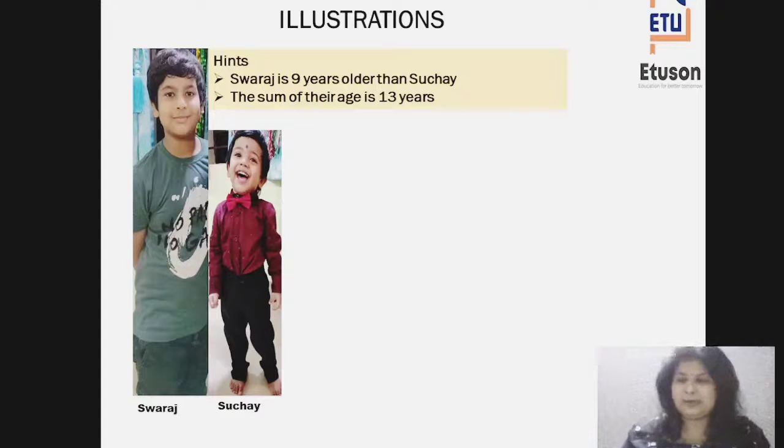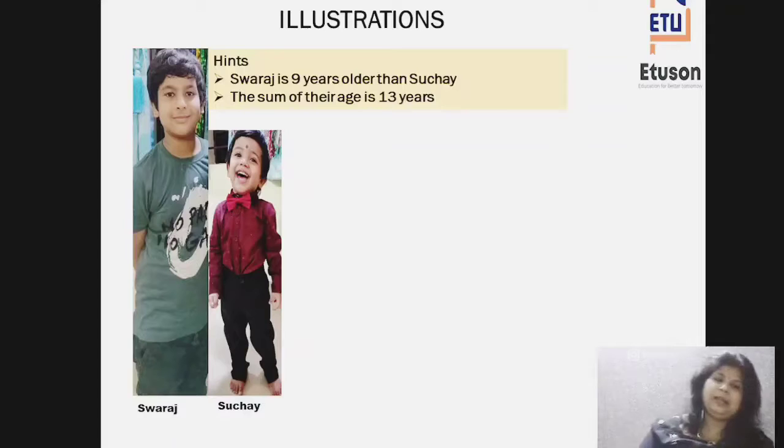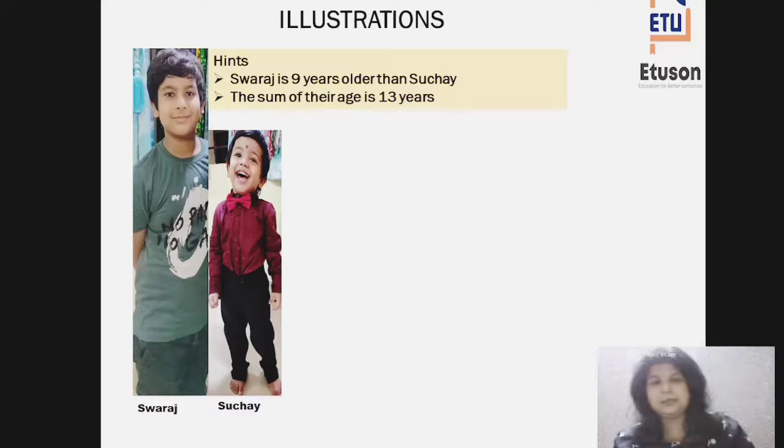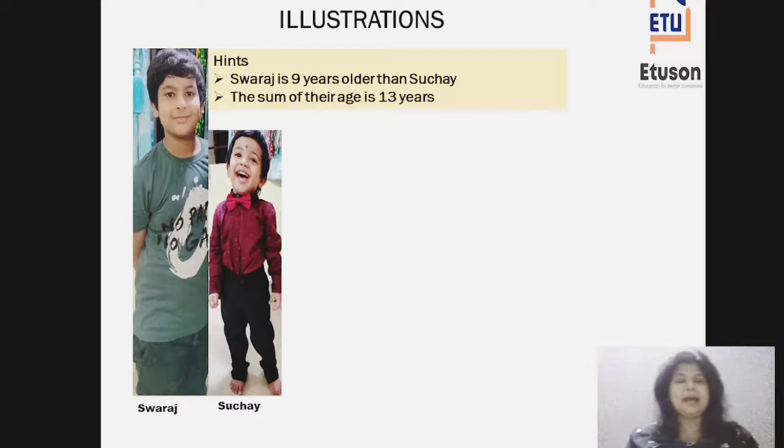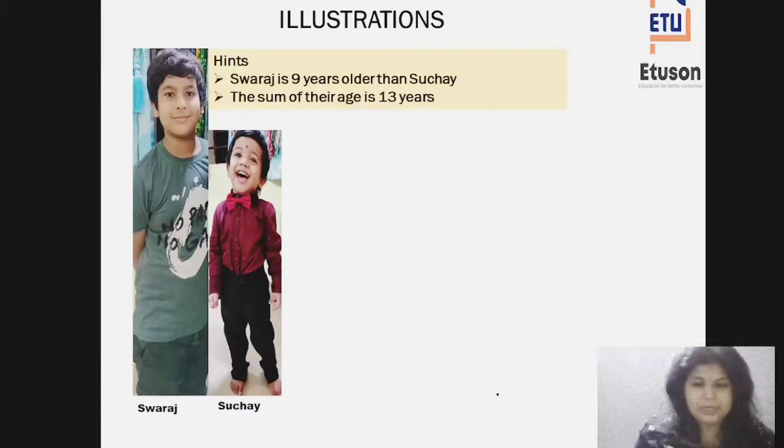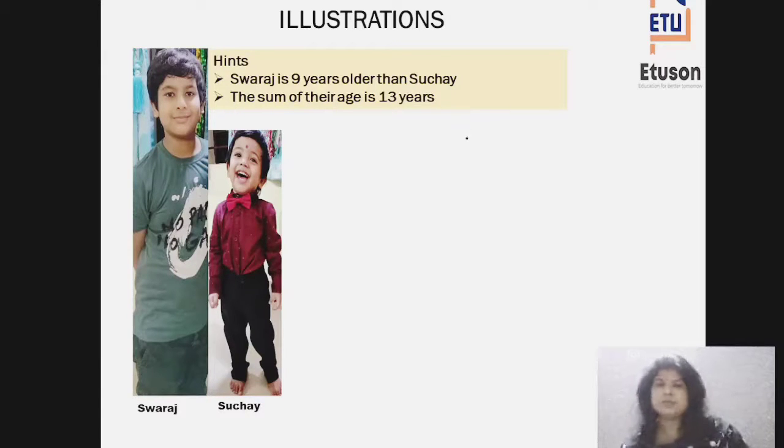By the trial and error method, let the age of the baby Suchay be 1 year. Then Swaraj, being 9 years older, will be 10 years, and the sum is 11 years.